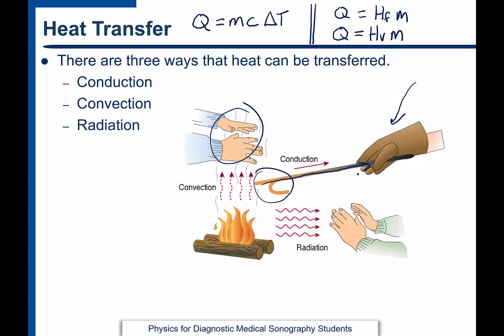Radiation is maybe the hardest to understand, and that is, even if I have a glass window in front of my fireplace, if I put my hands out, I still feel that heat. Well, that's certainly not from conduction, and it's also not from convection, and that's radiation. So that's the hardest one to understand, and so that's the one we're going to start with.